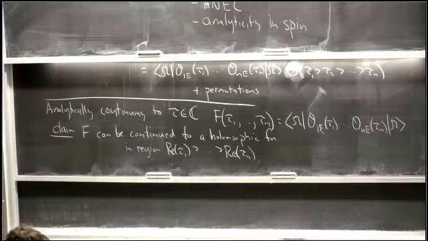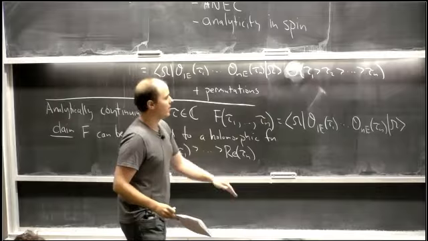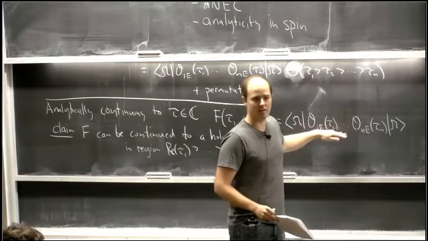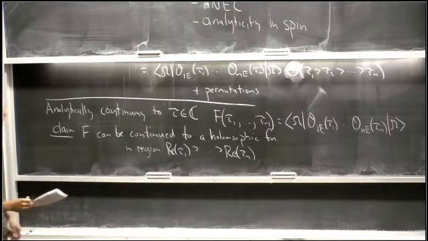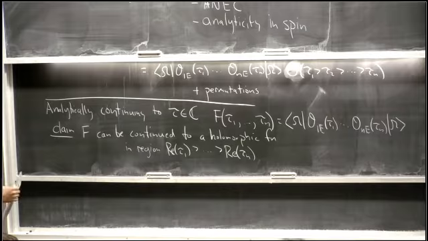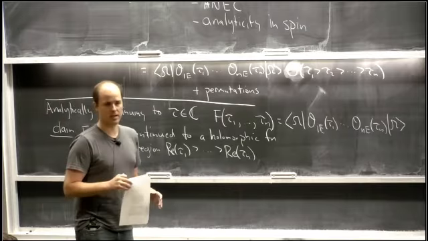Okay? So as long as we maintain this ordering of the real parts of taus, we can actually make the taus complex variables, and everything will work fine. Not only will everything work fine, but we actually get a holomorphic function of the taus, in particular a function that doesn't contain any singularities.